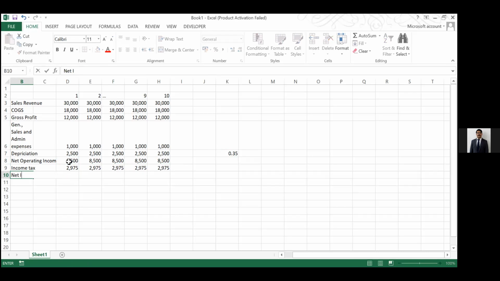Net income. Net income would be this plus, I mean, from 8,500 both of these get subtracted, right? Why would depreciation be subtracted? We will add depreciation later, at the time of cash flow. So subtract 8,500 minus 2,975 first. Okay. Now add depreciation.